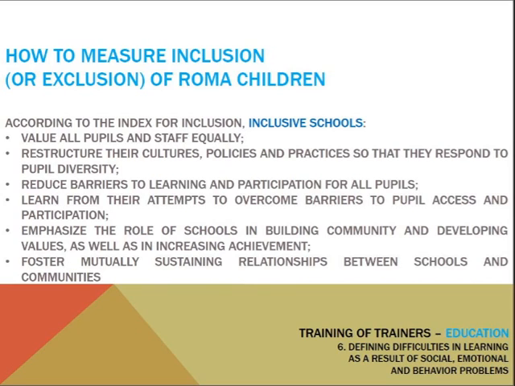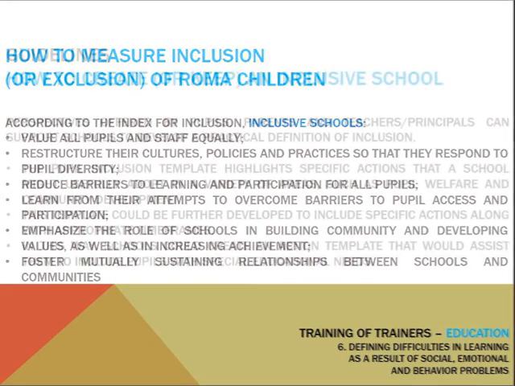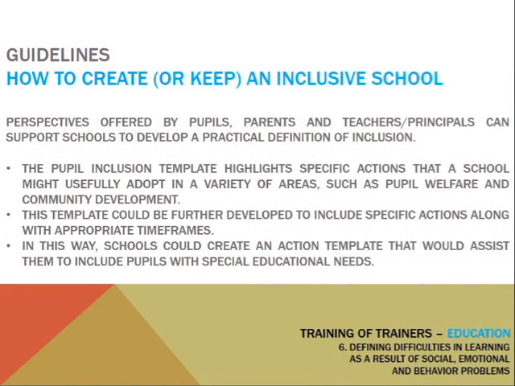So, in the last part of our presentation, we try to design some guidelines for creating or keeping an inclusive school. So the first topic is pupil welfare: preparing pupils for transitions, developing social skills, supporting their needs, supporting behavioral needs, and building peer relationships with other children.